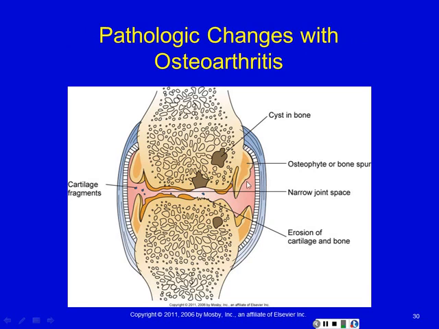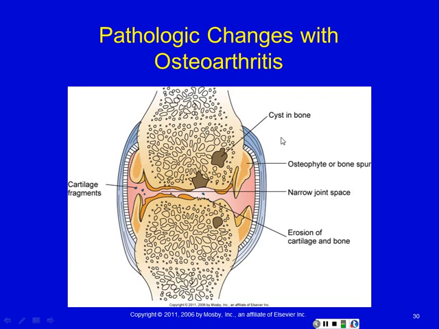And you get these little bone spurs, which are also called osteophytes. They can actually grow together and lock a joint. If this connects with this, the joint doesn't move anymore. Again, it's not the greatest way for the body to solve the problem, but at least it eliminates the cartilage problem. But it means you lose mobility in that joint.